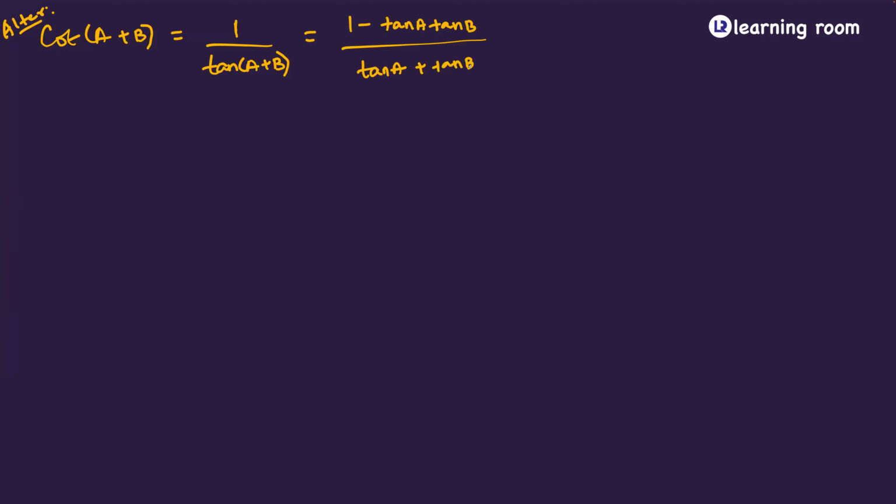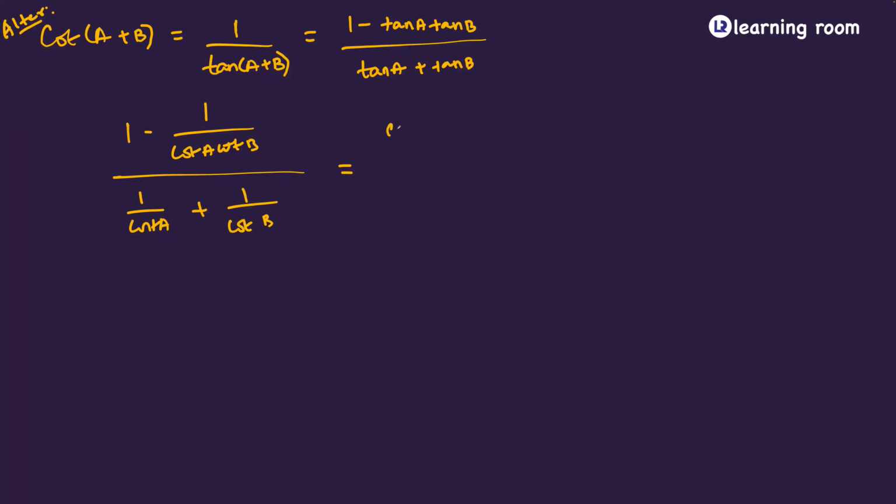I hope it makes sense. But since I want everything in terms of cot, what I'll do is I'll write every tan in terms of cot. When I do that, I get 1 minus 1 by cot A cot B by 1 by cot A plus 1 by cot B. So cross multiply and take LCM.